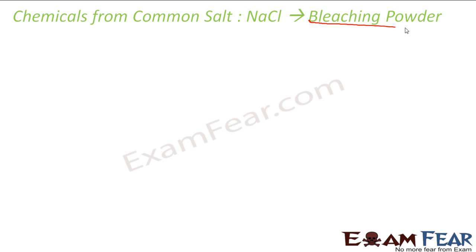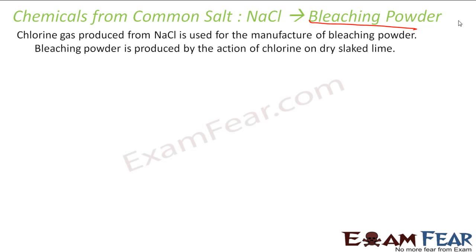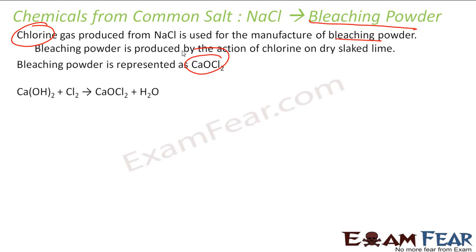Now we'll see how bleaching powder can be obtained from sodium chloride. If you see the chlorine gas which we have got in the last equation, that is used to manufacture bleaching powder. Bleaching powder is produced by action of chlorine on dry slaked lime, and bleaching powder is CaOCl2.